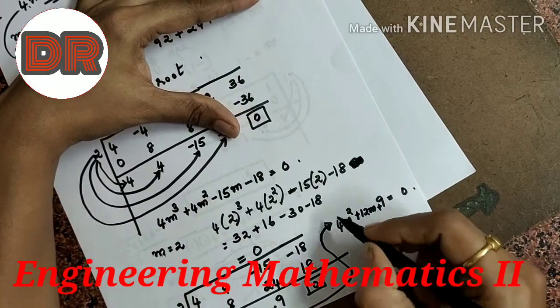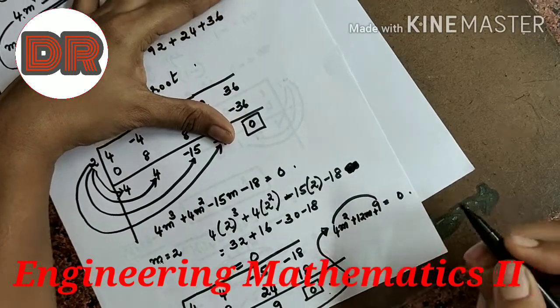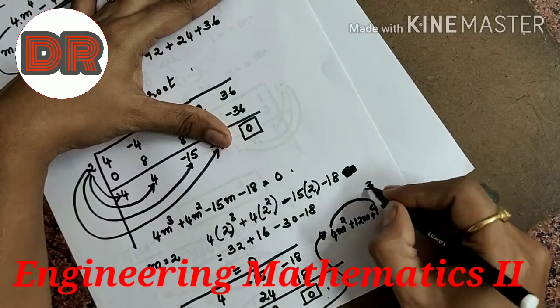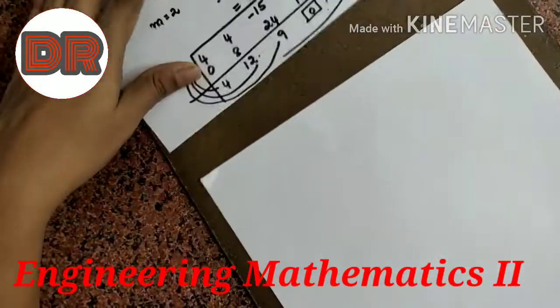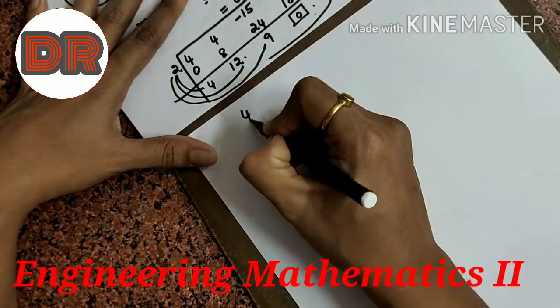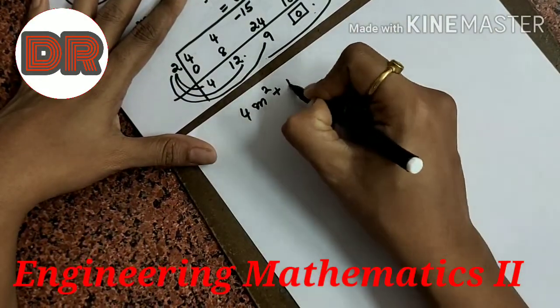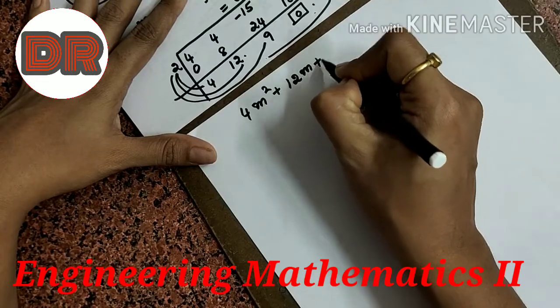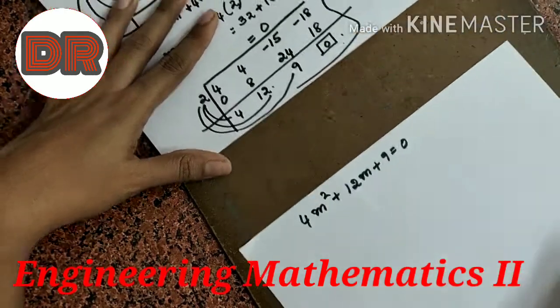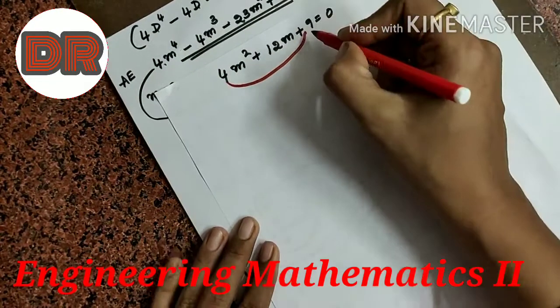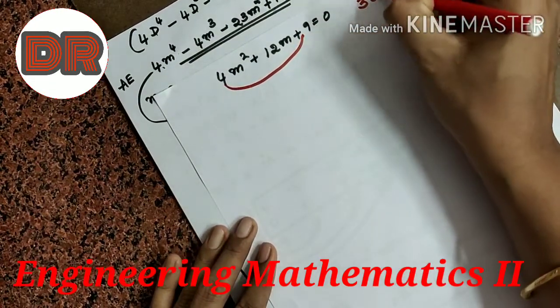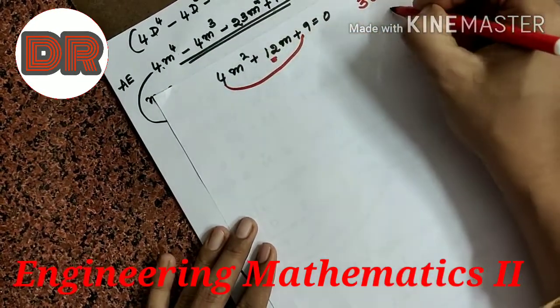So 9 into 4, 36. So let me use one more paper. So it is 4m square plus 12m plus 9 is equal to 0. So factorization, 4 into 9 is 36, and the sum you need to get is 12.